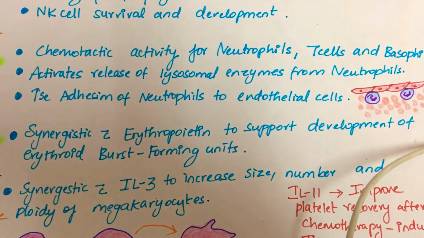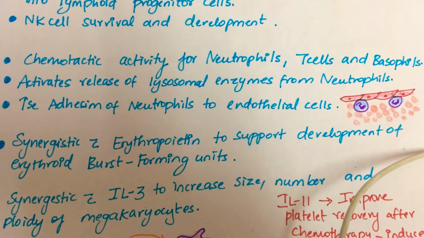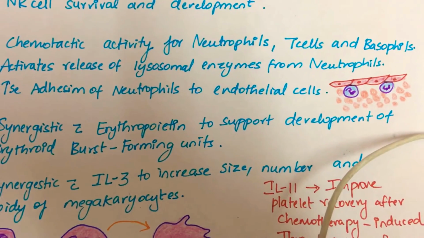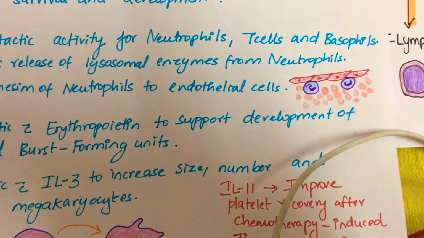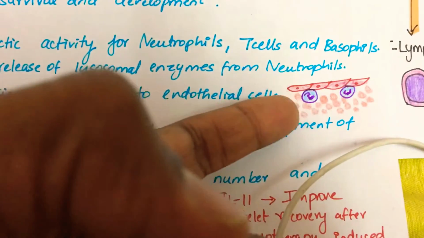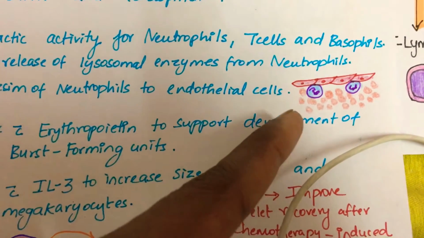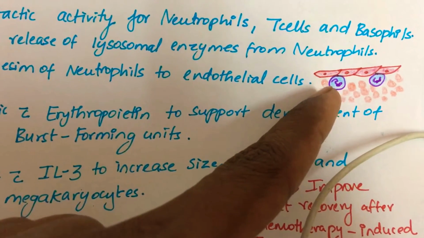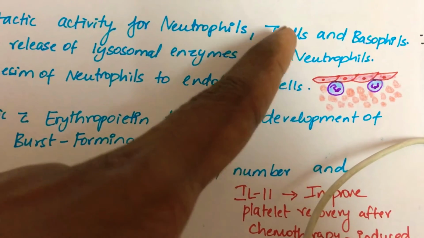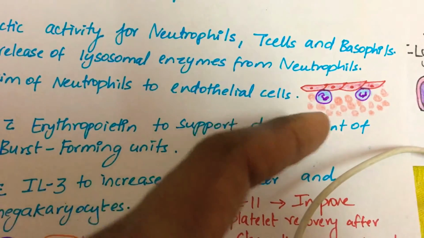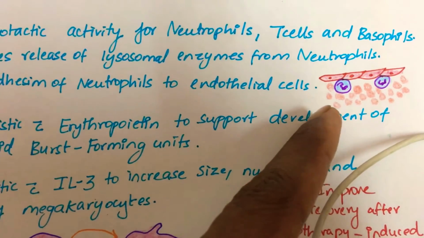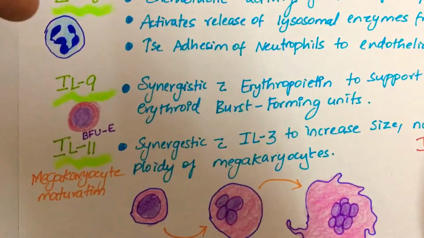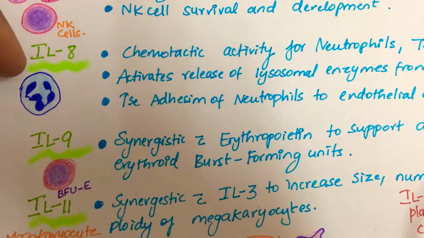It also activates the release of lysosomal enzymes from the neutrophil, and it is also going to increase the adhesion of neutrophils to the endothelial cells, because during inflammation, the neutrophils from the circulation should go into the tissues where the inflammation is. So for that purpose, endothelial adhesion is very, very important. So this interleukin 8 is going to help.